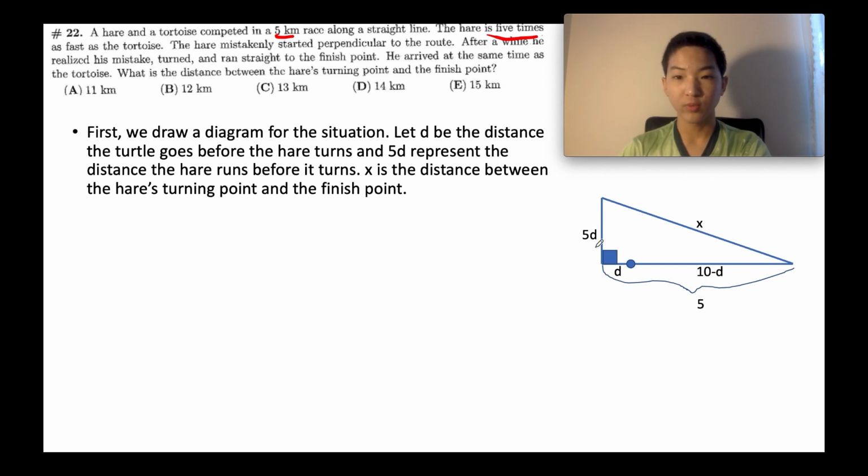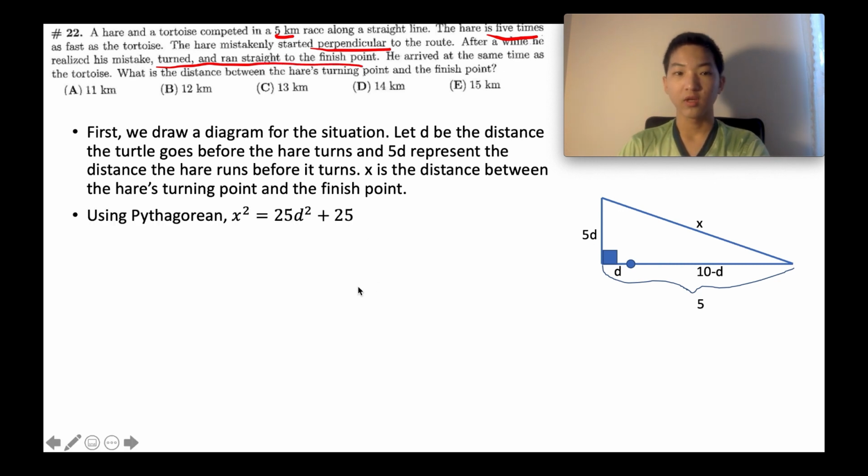So we know that is a right angle. It says perpendicular. And then once he realized it, he turned and ran straight towards the point. And also x is the distance between the hare's turning point and the finish point. And then this is what we're looking for, x.